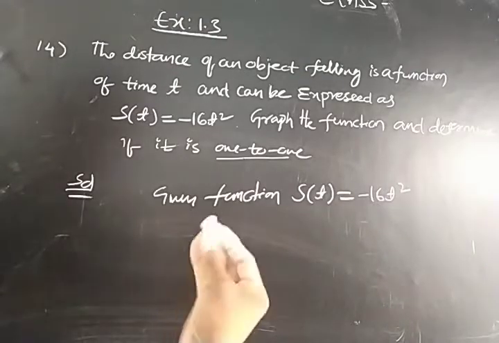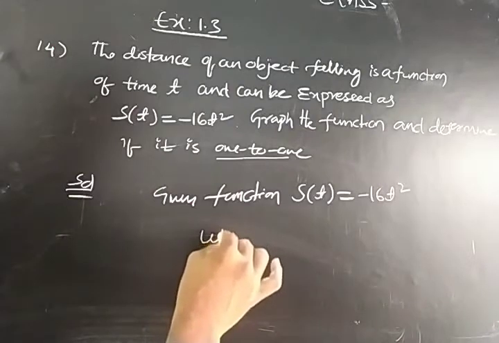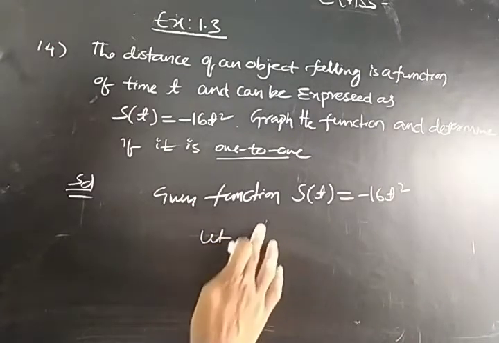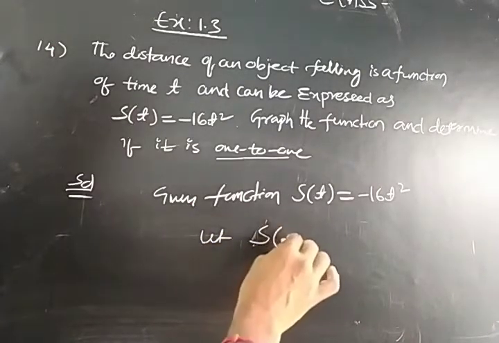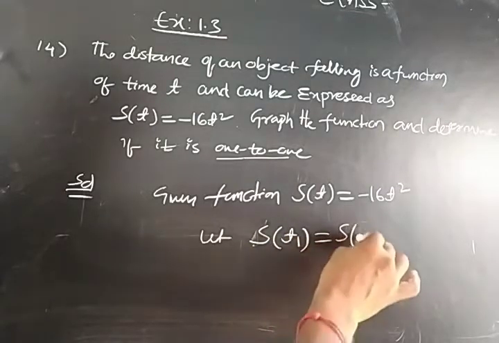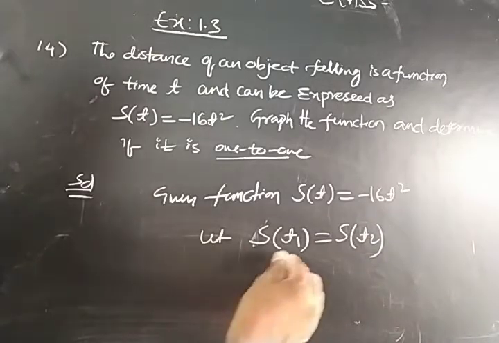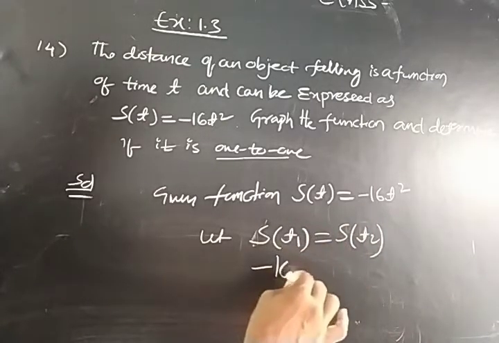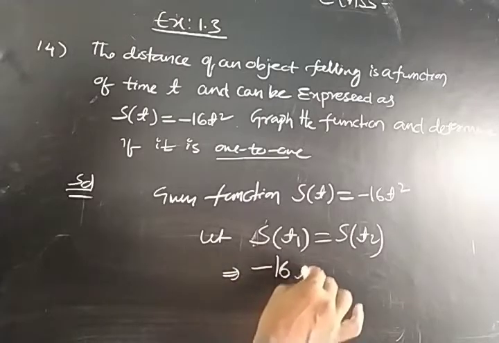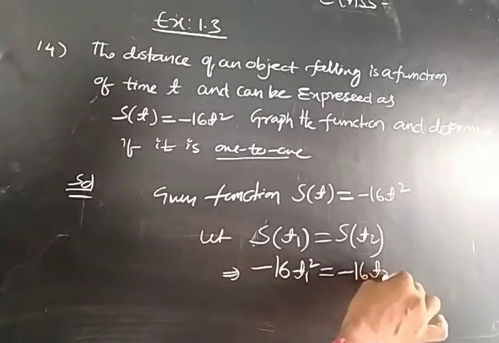Now we know the method to find 1 to 1. To find 1 to 1, we take two images that are equal. So I am taking one image s of t1, and another image s of t2. s of t1 equal to s of t2. By the definition, minus 16 t1 square is equal to minus 16 t2 square.